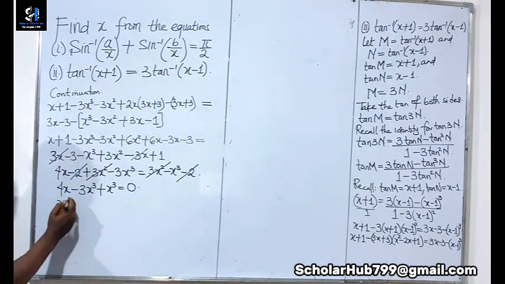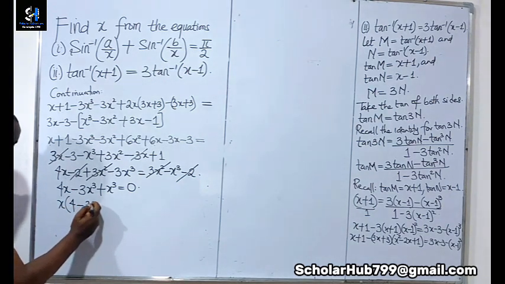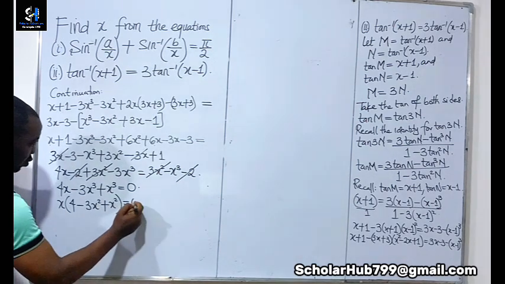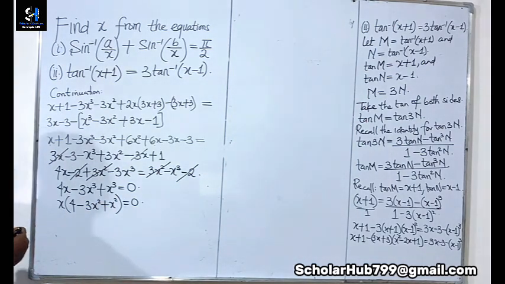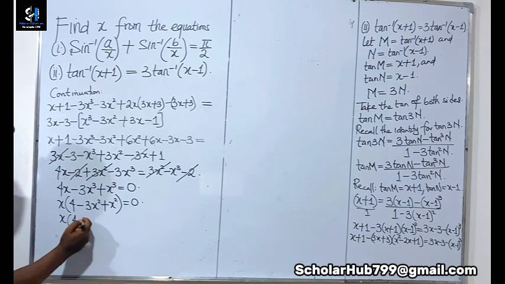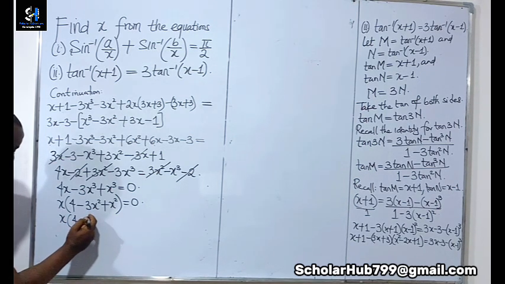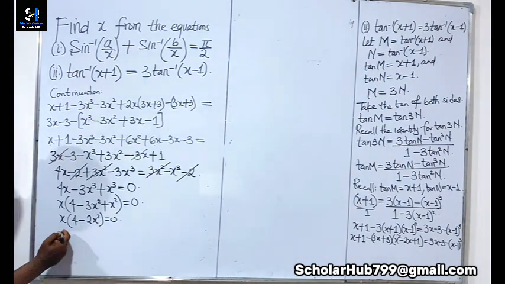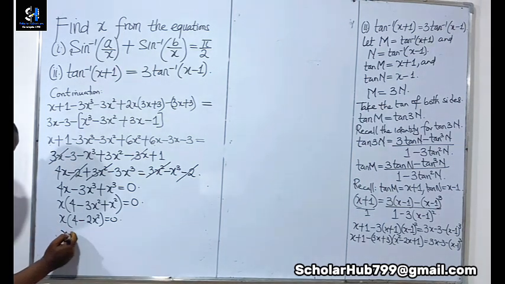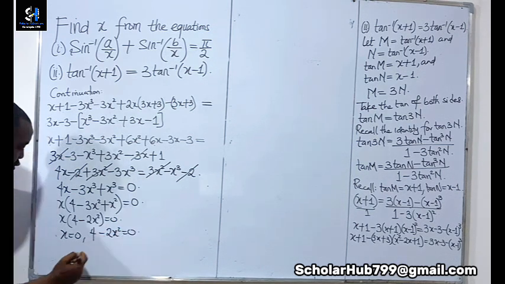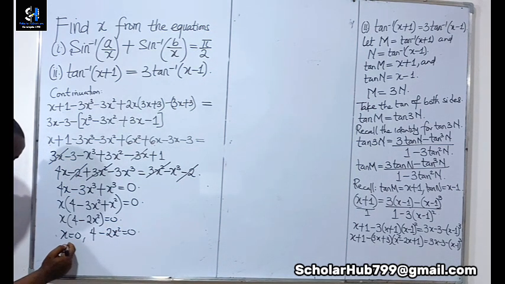Okay, so let's factor out x. x times 4 minus 3x squared plus x squared equals 0. So this will be x times 4 minus 2x squared equals 0. So x equals 0, or 4 minus 2x squared equals 0. So 2x squared equals 4.